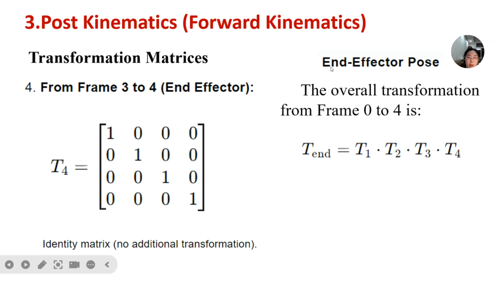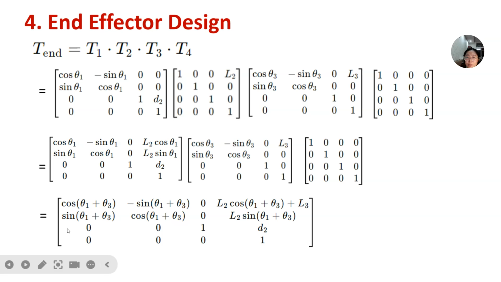Then, about the end effector pose, the overall transformation from frame 0 to 4 is like this: T end equals T1 multiply T2 multiply T3 multiply T4. Then we calculate T1, T2, T3, T4 like this.